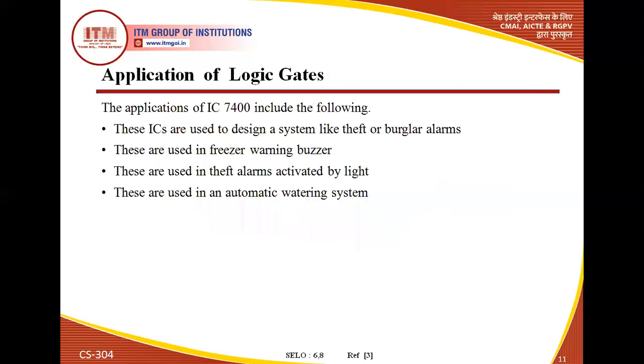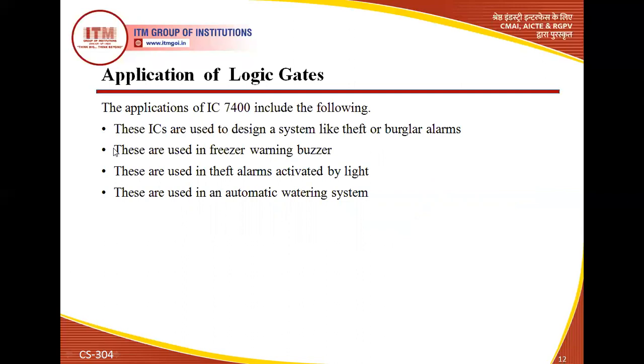And these are the applications, some small applications. The student has to design some small projects on this IC. We know that the IC number of the NAND gate is IC 7400. This is a 14-pin IC.